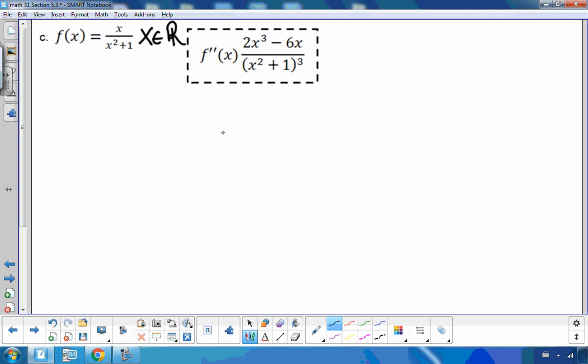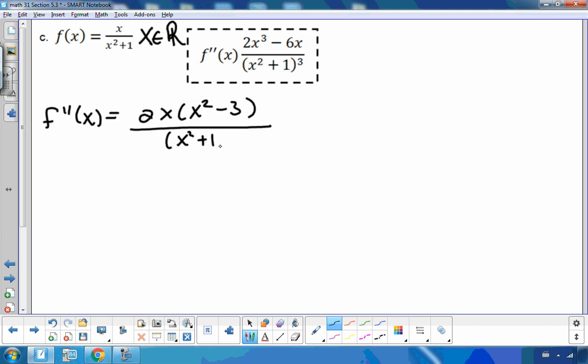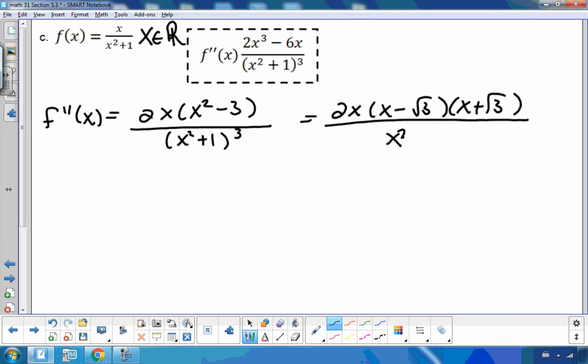I have my second derivative, so what I'm going to do is factor it. Take out a GCF in the numerator, and my denominator can just stay like this because I can't factor that. Looking at this, I have a difference of squares in the numerator. So I have x minus root 3, x plus root 3, all over x squared plus 1 all cubed.